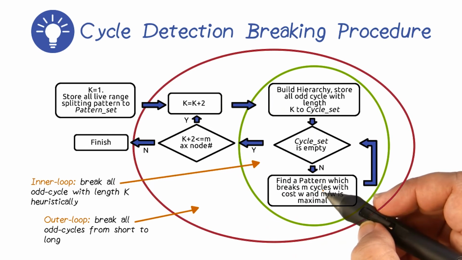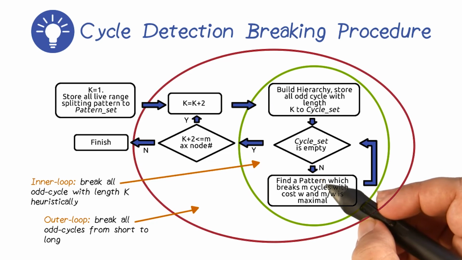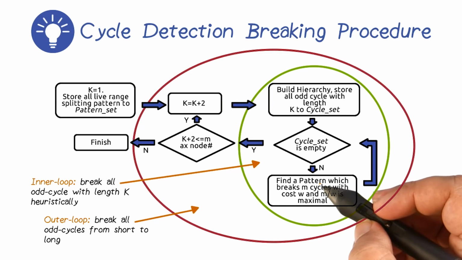We start with the least length cycles, odd cycles, and we proceed towards longer and longer cycles. This is with a hope that, again, by breaking a shorter cycle, we would have already broken a longer cycle, and therefore we have less work to do for breaking longer cycles.